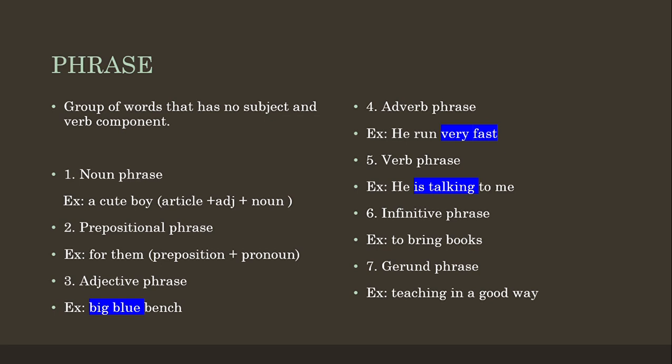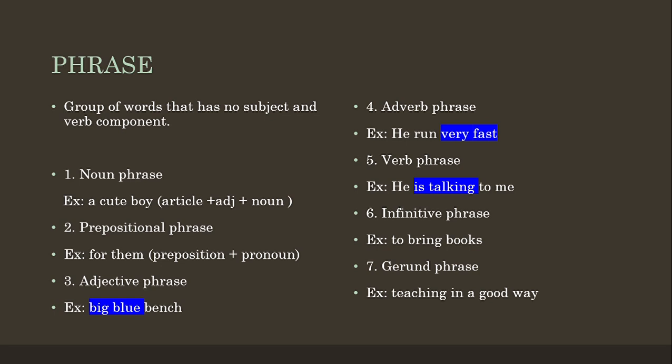Teaching in a good way. This is a gerund phrase. But remember, when you see the sentence, teaching is my job, that's not a gerund phrase, because after the word teaching is a to be verb.